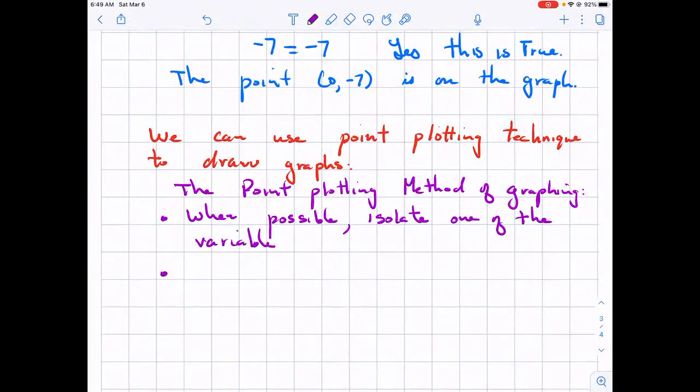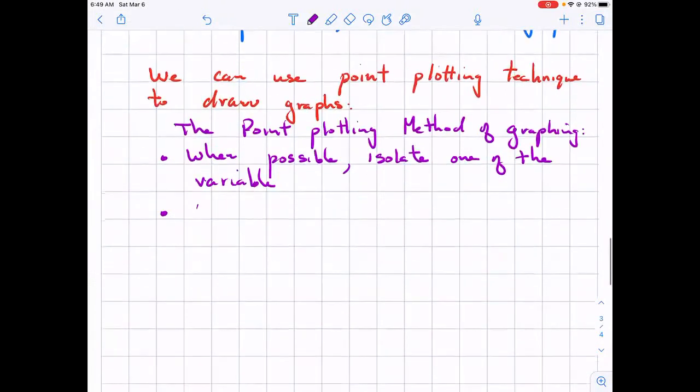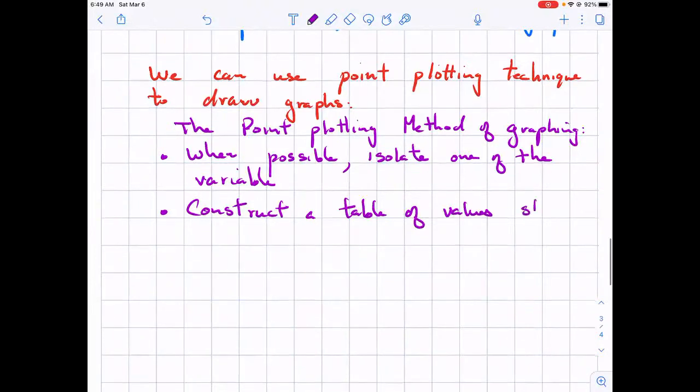And 2, construct a table of values showing several x or y values.